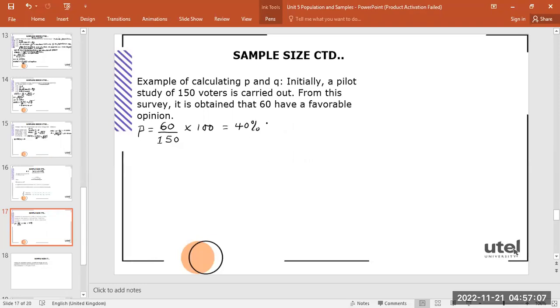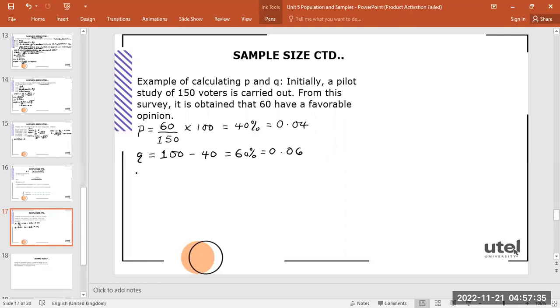And in fraction, that gives you 0.04. While Q is simply going to be in terms of percentage, since we know a percentage from 100 is going to be 100 minus 40, which gives us 60%, or in decimal, that gives us 0.06.